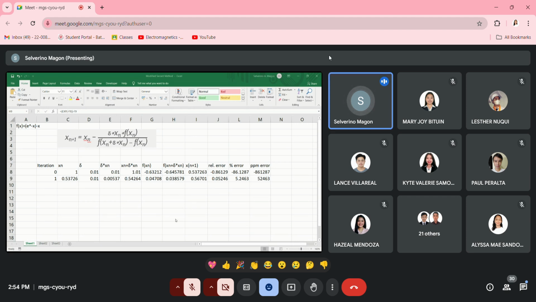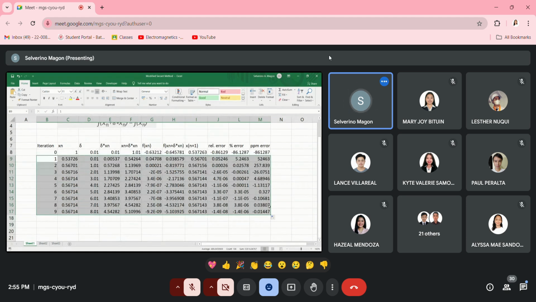Clarification of the problem: it should be 415, no? If you've seen in the chat box. So anyway, if you work on this problem, I should have switched it earlier, no? So if you work on this problem, 1 ppm is reached at 6 iterations.